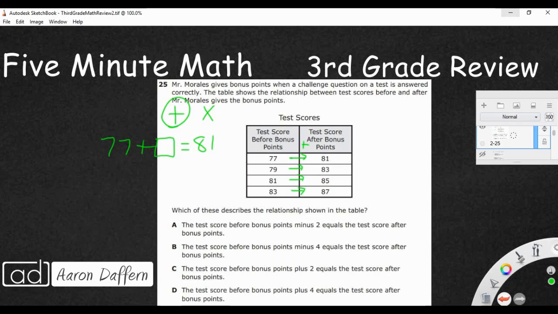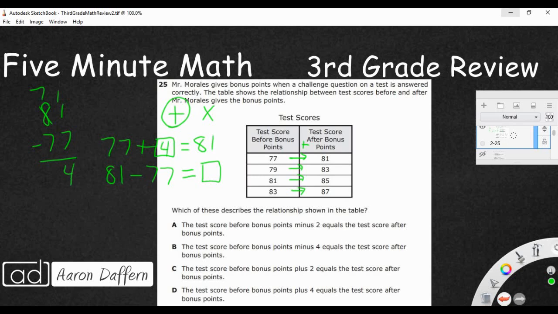We could start at 77 and count up to 78, 79, 80, 81. Or we could do a related fact family item. So we can say 81 minus 77 equals, that's a related fact family number sentence. And so I could just do 81 minus 77. Looks like that's going to get me 4. So I'm pretty sure it's 4, but let's see what happens.